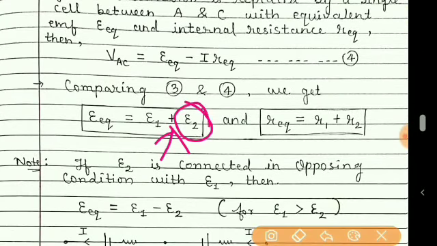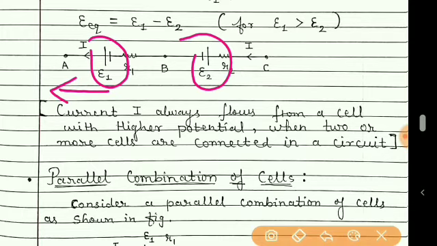So the same thing I have shown here, that if the cell is connected opposite to this, then for this cell there will be a negative sign. And if there are two cells connected in opposite direction like this, then the current is always taken in the direction of the positive of the cell having higher potential, meaning the battery with larger voltage.